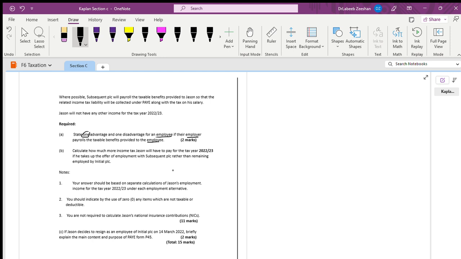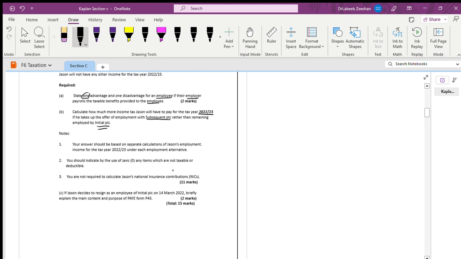That's very important. Calculate how much more income tax Jason has to pay for the tax year, which is 2022-23, if he takes up the offer of employment with Subsequent PLC rather than remaining with Initial PLC. Means how much additional tax you have to pay if you are taking a new employment.